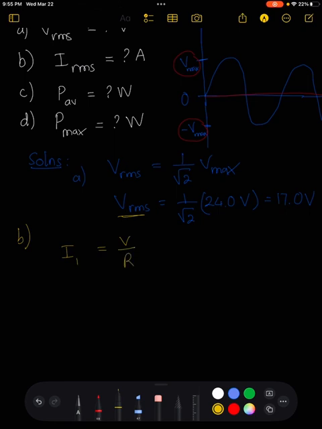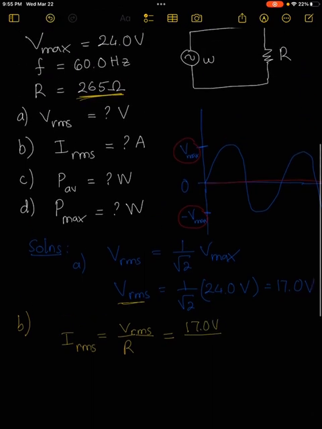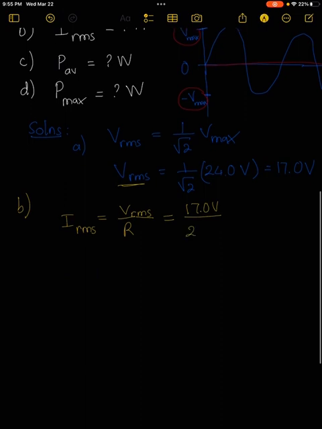So Irms, the root mean square current, would equal the root mean square voltage divided by the resistance. And that would be 17.0 volts divided by 265 ohms. That should give you 0.0642 amperes. That's the answer for part B.